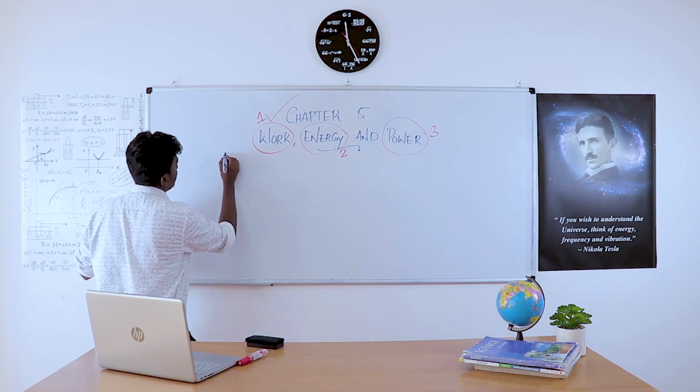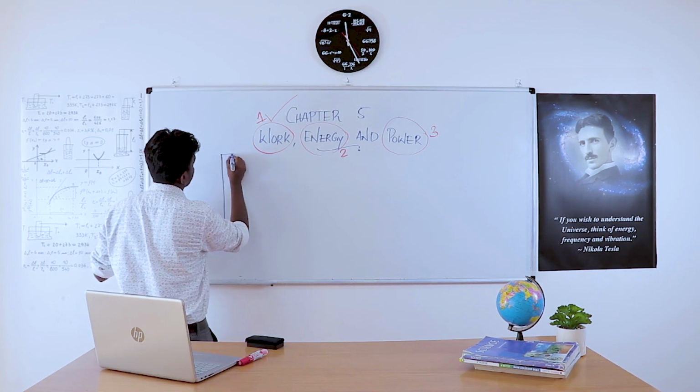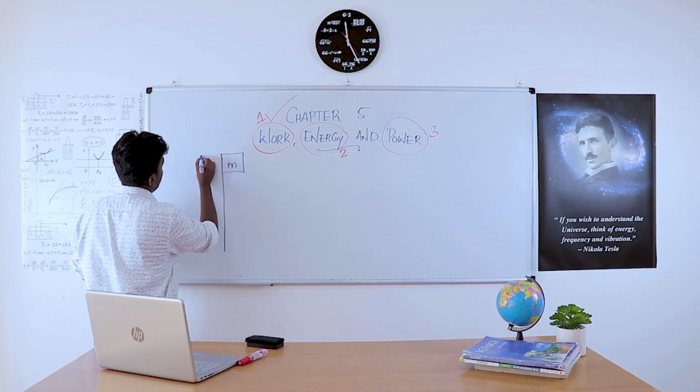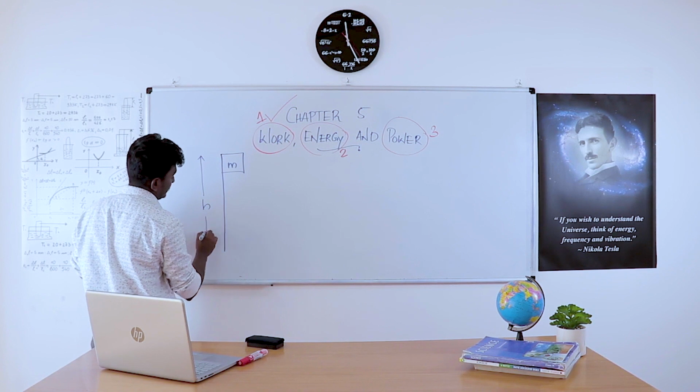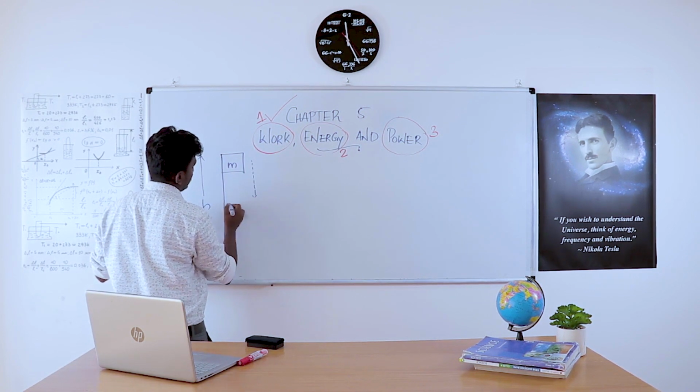Just consider a freely falling body from a height h. Considering m as the mass of the body, the object is at a height and falling downwards.